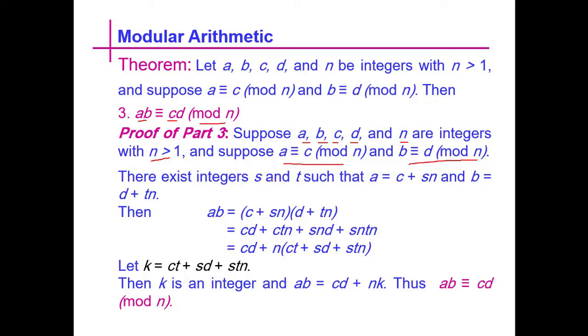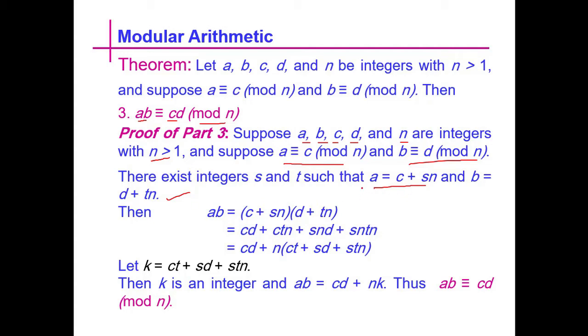So from here we can say that there exist integers s and t such that a is equal to c plus sn and b is equal to d plus tn. By using the definition of congruence, we get these equalities.